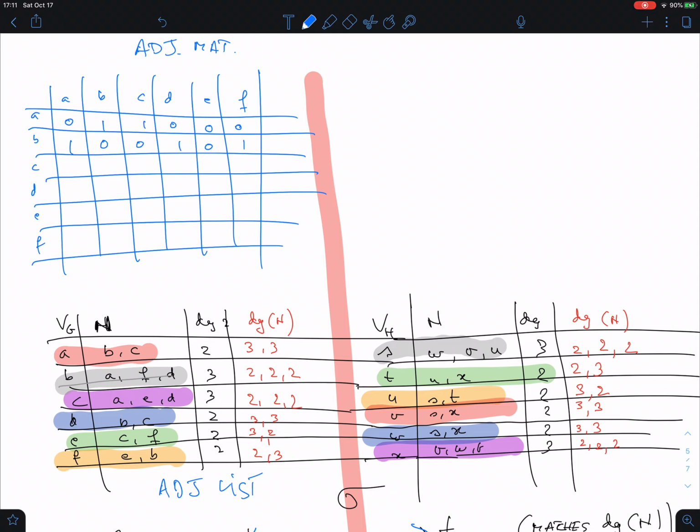They are the same data. It's just a different way of representing. C is A, E, and D. For D, it's B and C. For E, it's C and F. And for F, it's E and B.